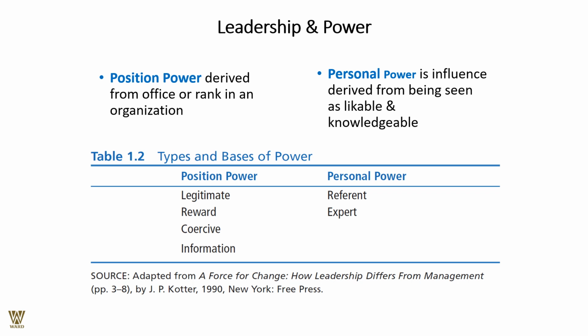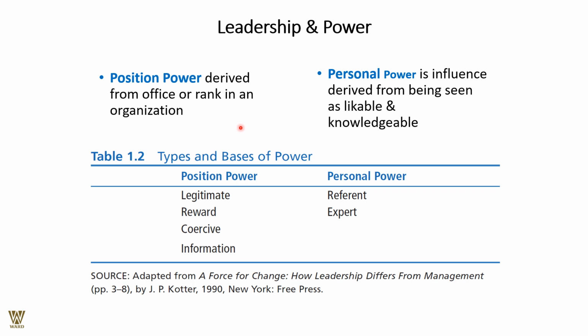So let us understand leadership and powers. Remember, position power is derived from a particular position or rank in the office or in the organization, whereas personal power is derived not from the position but from the acceptability of the followers, of the colleagues, of the co-workers, because of their acumen, because of the person excelling in certain knowledge or vocabulary abilities, or even confidence per se.